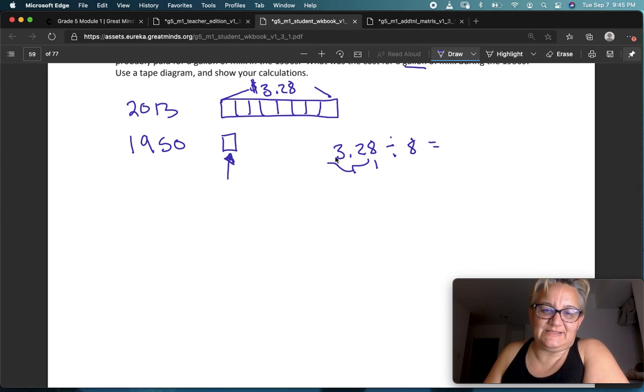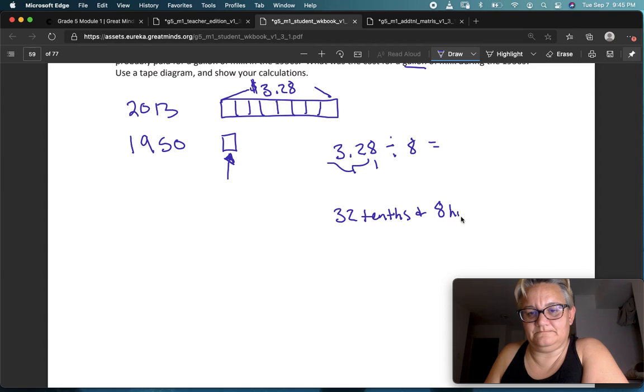So let's say this 3 and 2/10 would be the same as saying 32/10, and this would be 8/100 divided by 8. Okay, so this equals this.